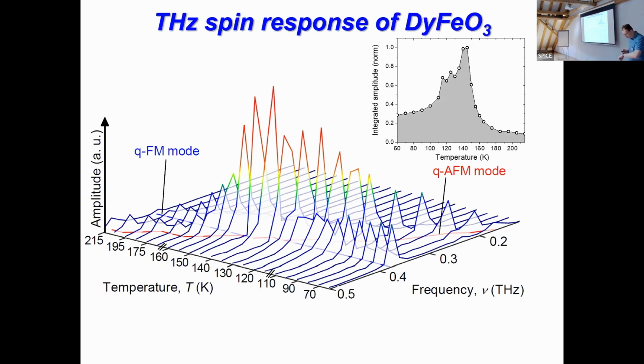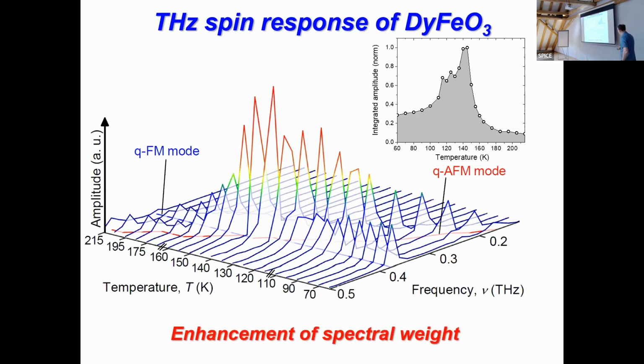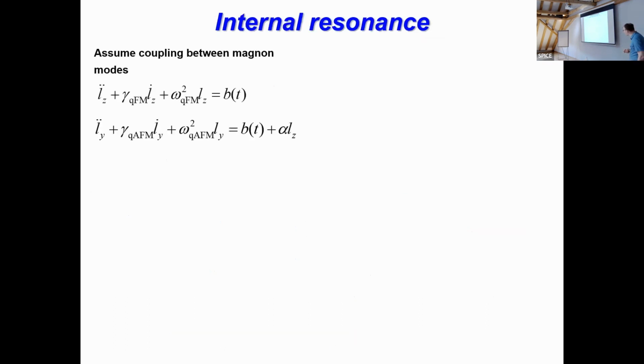So the question is, what is the origin of this enhancement? It can be understood with a very simple model of internal resonance. Imagine you have two harmonic oscillators, corresponding to these two orthogonal modes.